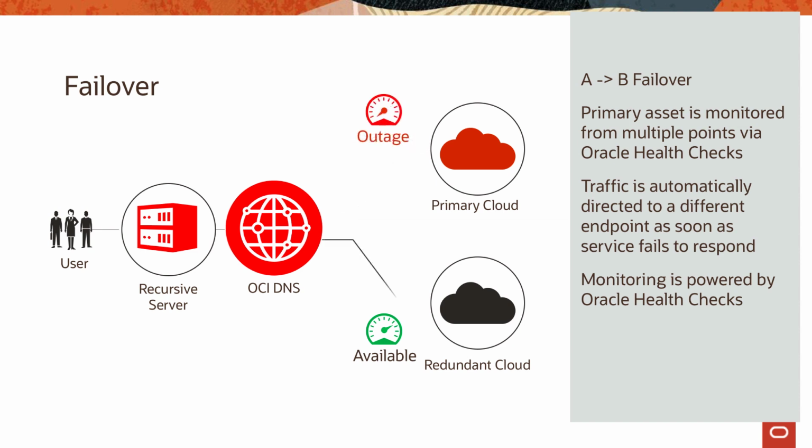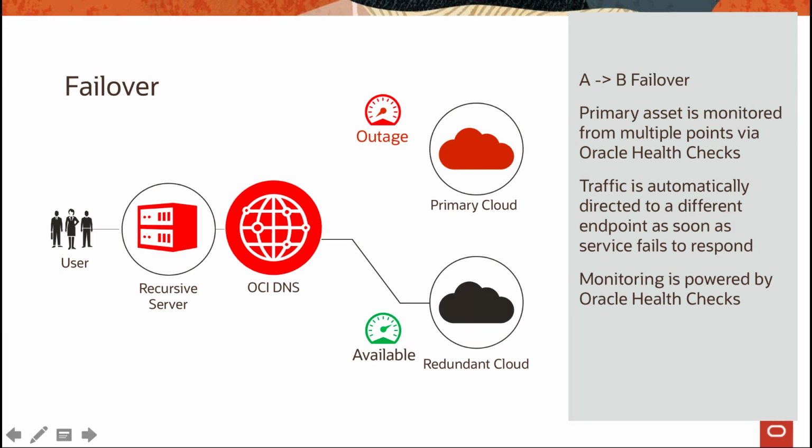If for some reason the primary site fails, you can set up a failover traffic management policy within your DNS to forward the traffic to your DR site, which is your secondary site, in case of a failure. When you set up the failover, you can associate different health checks, and based upon the TTL values that you have, it would fail over to your secondary site.